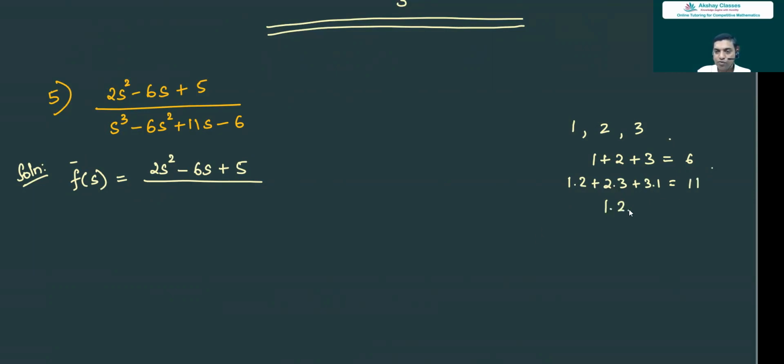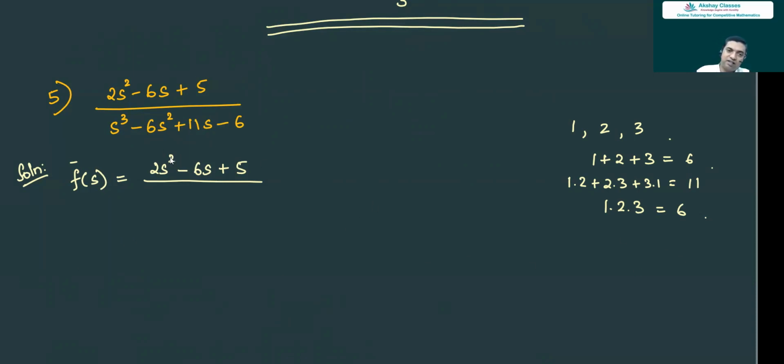And the product of the roots is 6. So this is s cube minus sum of the roots times s square plus sum of the product of the roots taken in pairs, minus the product of all the three roots.